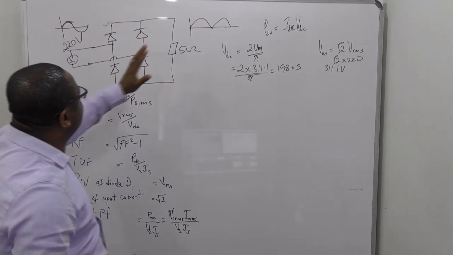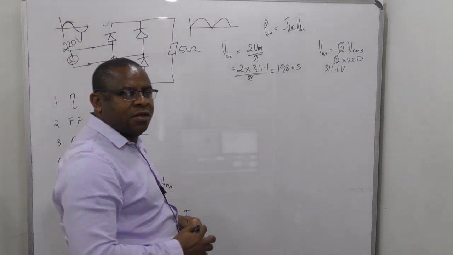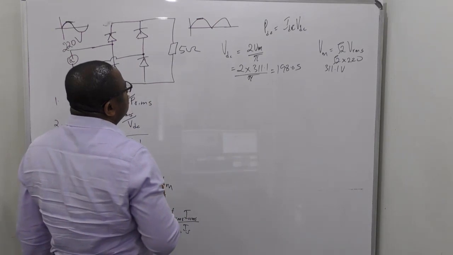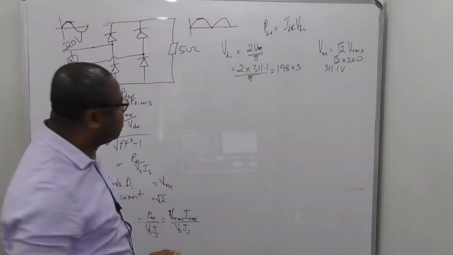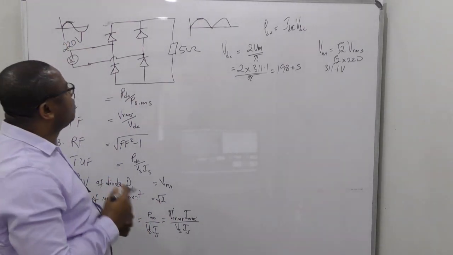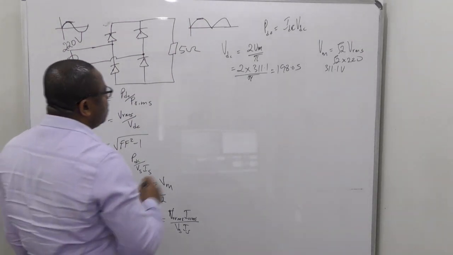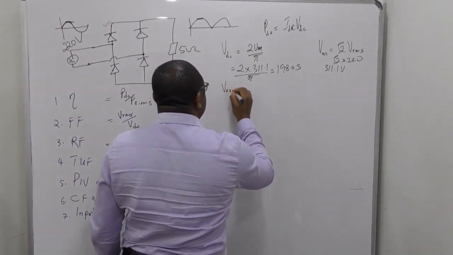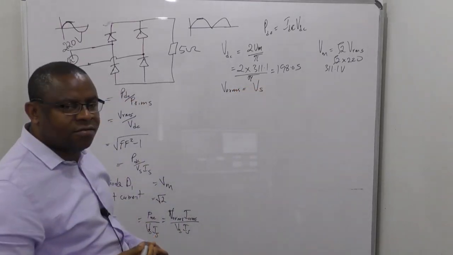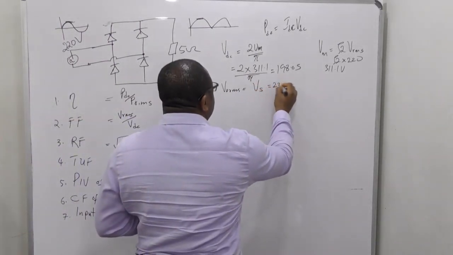And from what we derived before, the VRMS of this waveform is also V peak divided by root 2. So it means that the input VRMS is the same thing as output VRMS. So the VORMS is the same as this source voltage, which is 220.